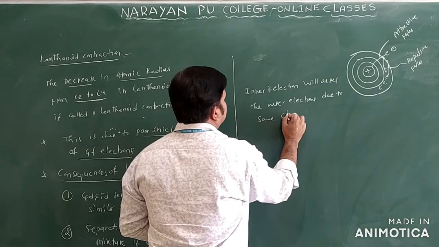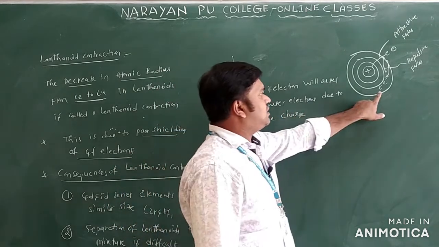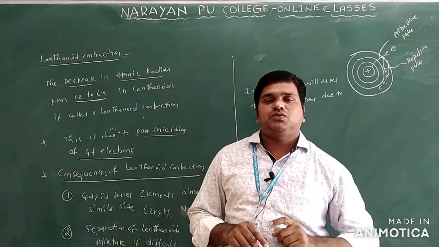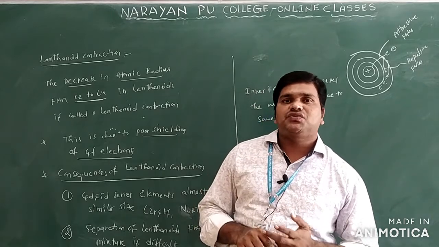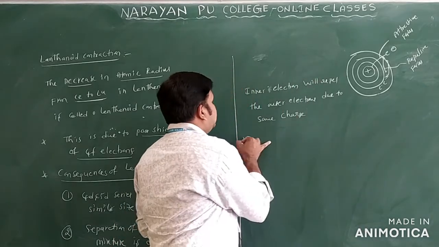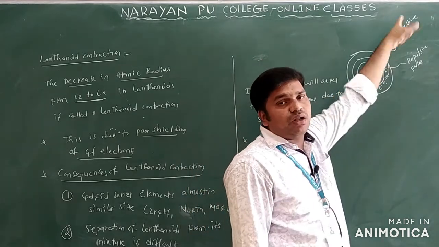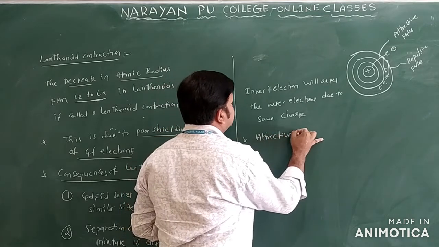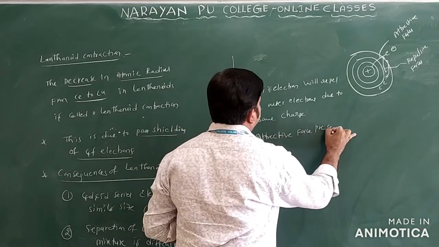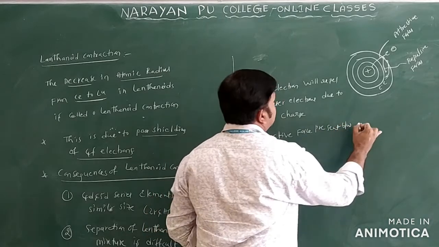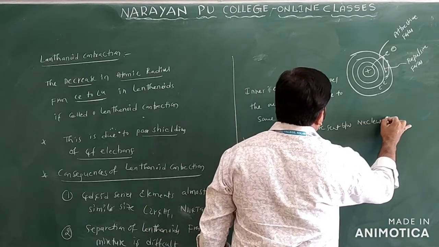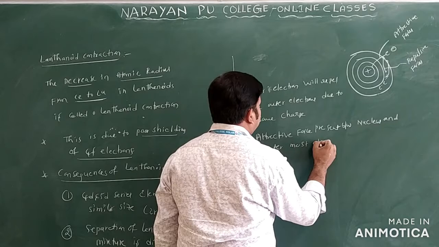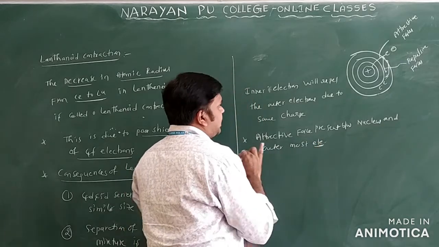Electrons are negatively charged, so between two same charges a repulsive force applies. But there is an attractive force between the nucleus and the outermost electron. So attractive force and repulsive force are both present.